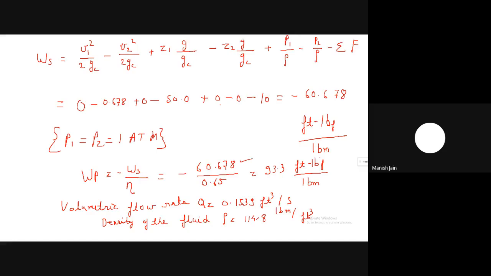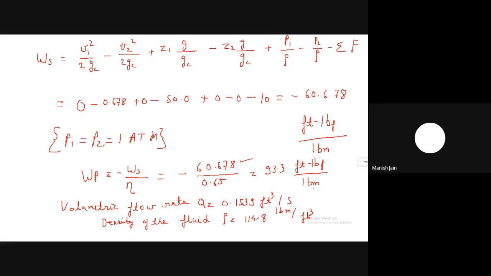Now the energy consumption is given in foot pound force divided by pound. When you multiply this wp with the mass flow rate m, it will convert into power, that is foot pound force divided by second.